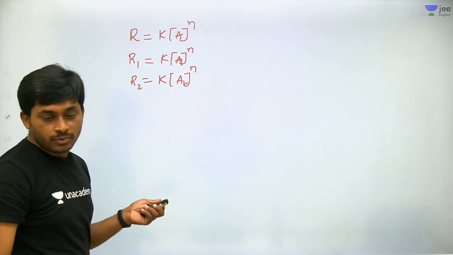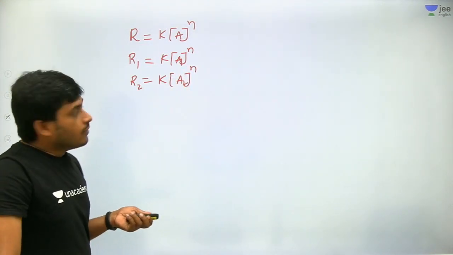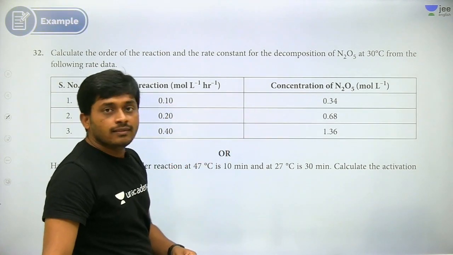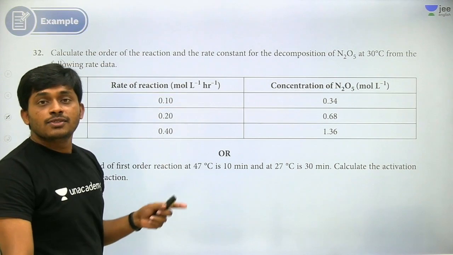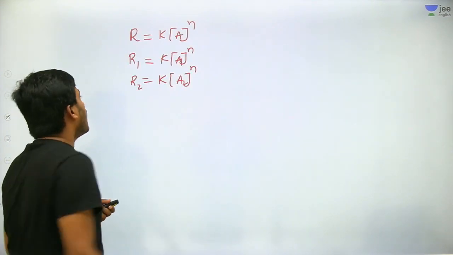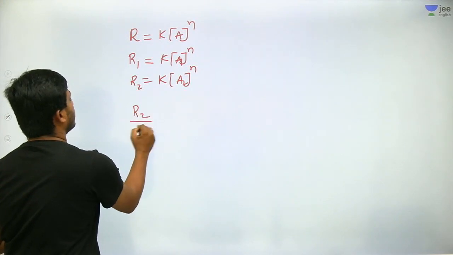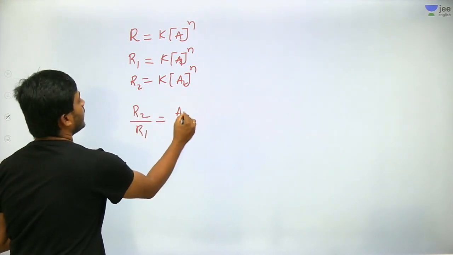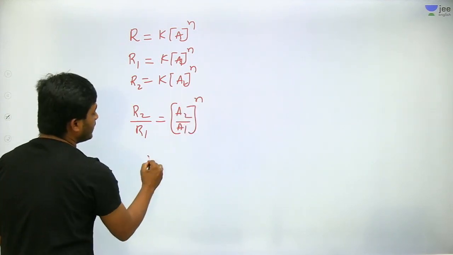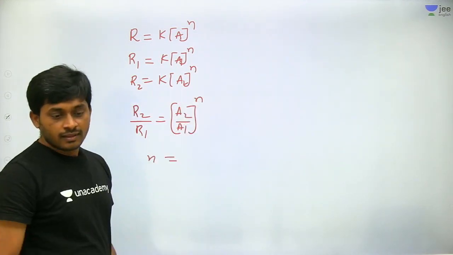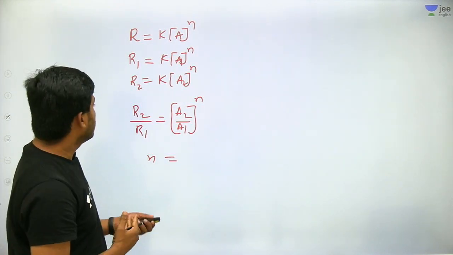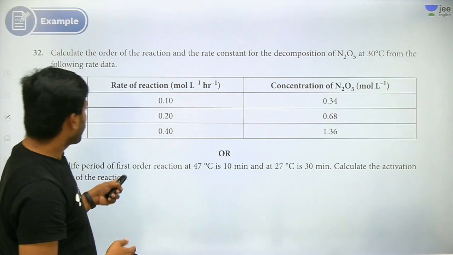Like this you have to do. For the formula and first substitution, definitely 1 mark will be there. And then what you have to do? R2 by R1 equals A2 by A1 power n. So find the order, right? So this is 1.5 marks.